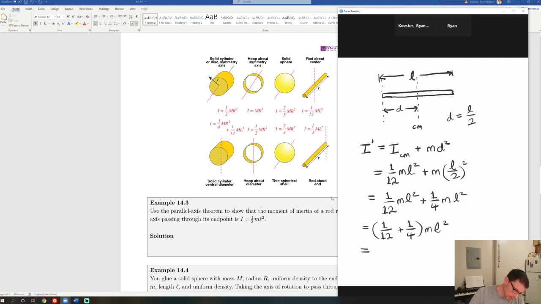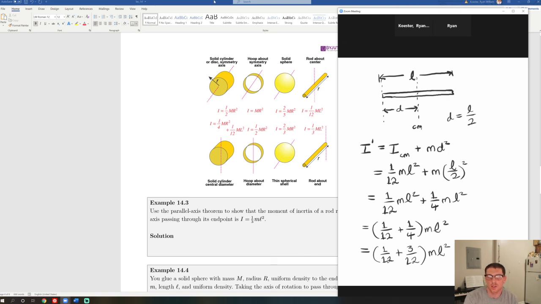And this, of course, is 1/12 plus 3/12 ml squared. And finally, upon adding the fractions together and simplifying, we would get 4/12, and that is, of course, 1/3 ml squared. And that is what the table tells us and what the problem statement says we should find, so that's good, right? So this is a very common example of how to apply the parallel axis theorem.